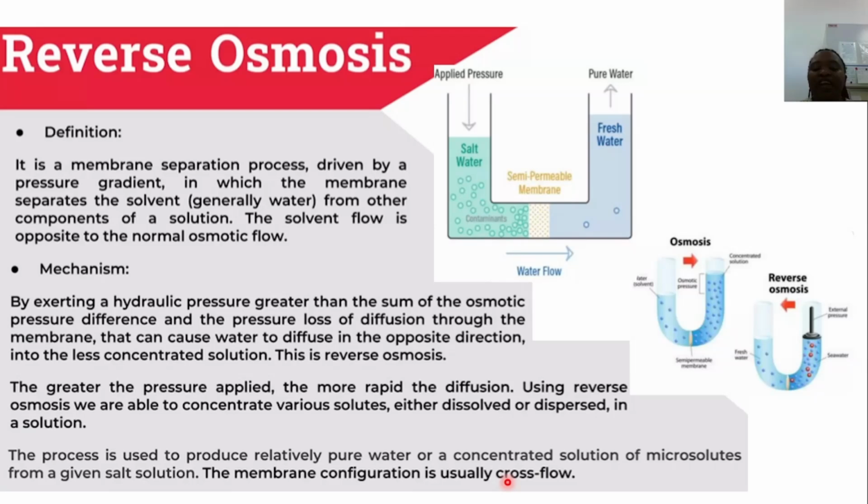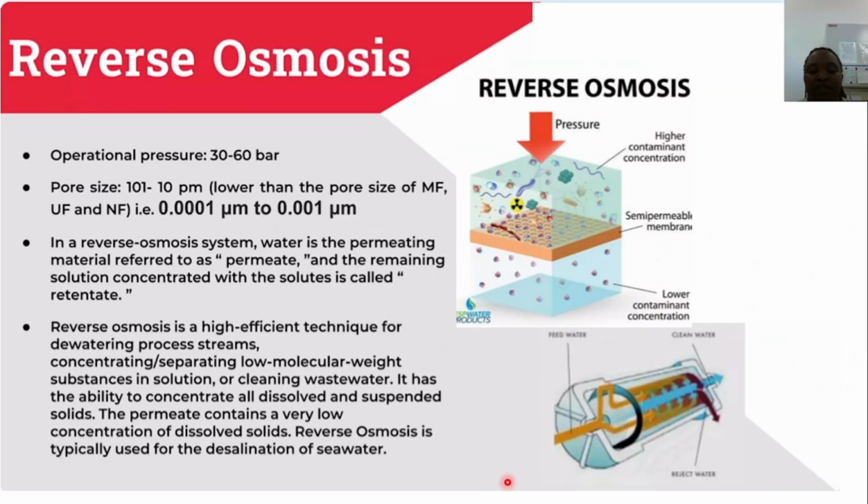The membrane configuration is usually cross flow. We don't do the dead end. Cross flow is the best. The pressure applied here is about 30 to 60 bar, actually the highest among all these four types that we have looked at. And the pore size is the smallest, lower than microfiltration, ultrafiltration, and nanofiltration processes.